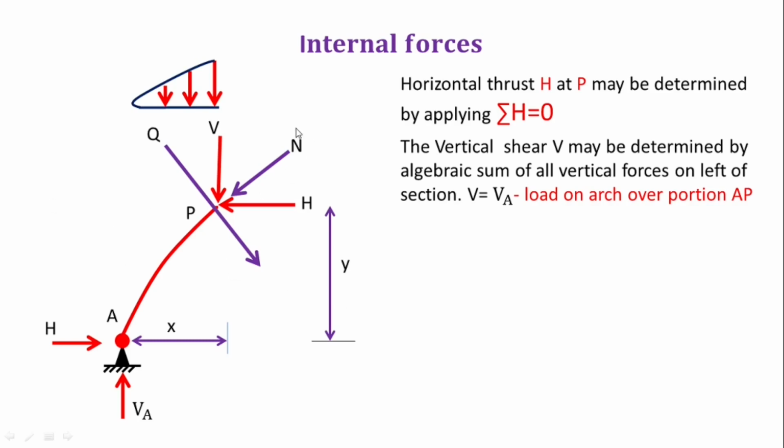The unknown forces are the normal thrust N and Q. The angle made by N with H is theta, and the same angle is made by the vertical shear V with Q. So this theta and this theta are the same.